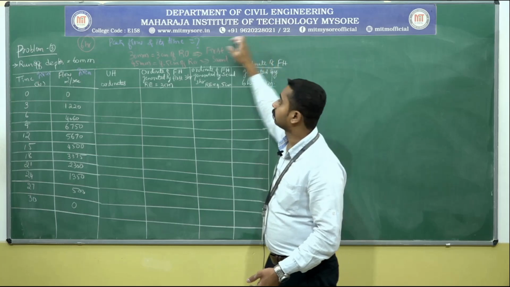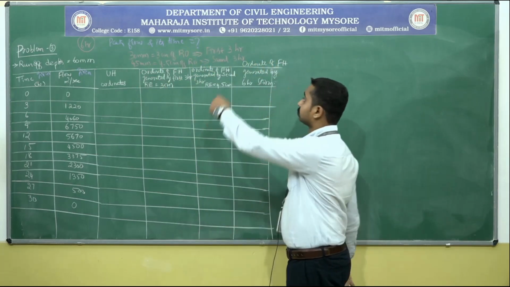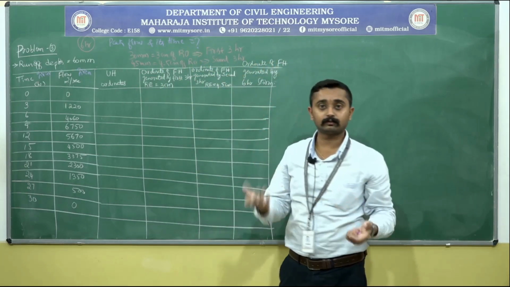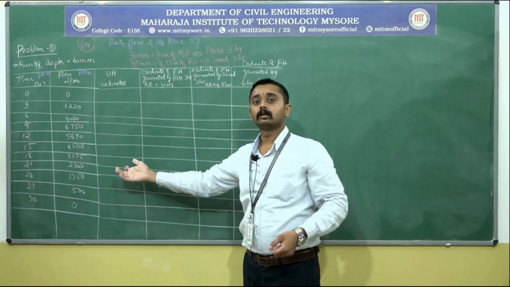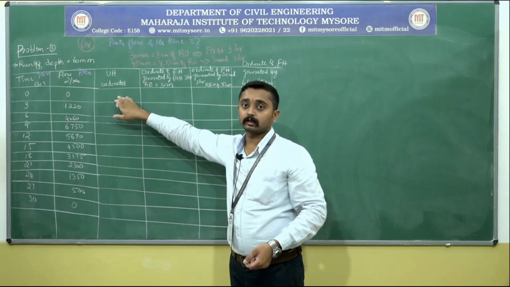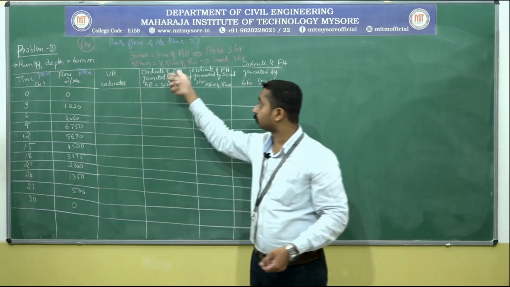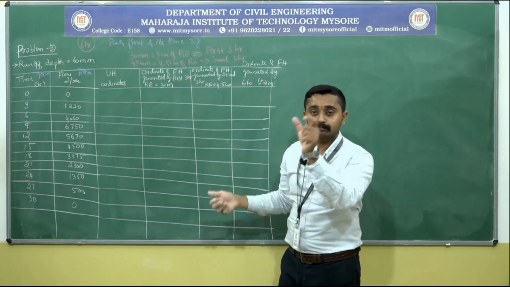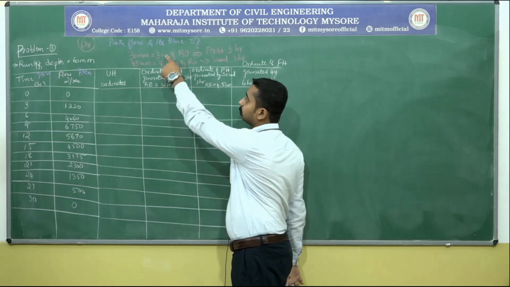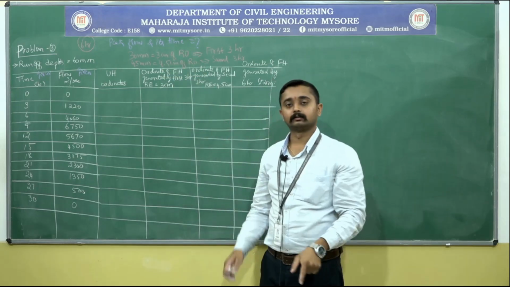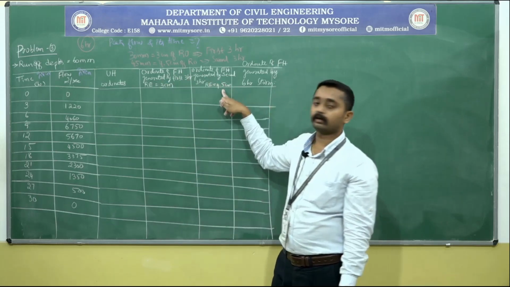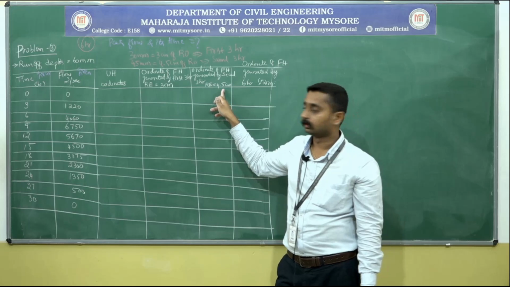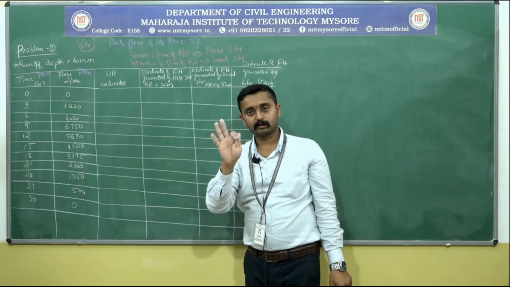For the first 3 hours the runoff depth is different, for the second 3 hours runoff depth is different. So first convert the given flow into unit hydrograph. After that, convert this unit hydrograph into flood hydrograph corresponding to 3 centimeter runoff depth, and again for the next 3 hours corresponding to 4.5 centimeter. Okay, you will be understanding.